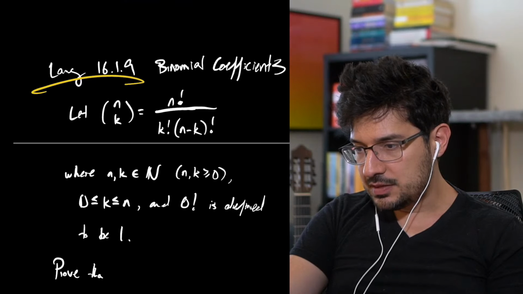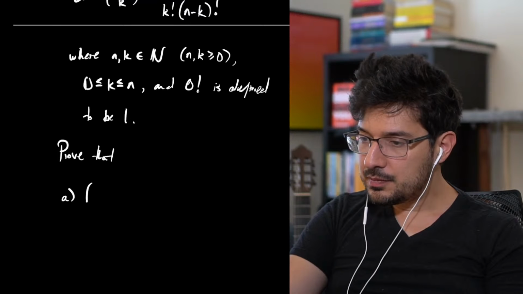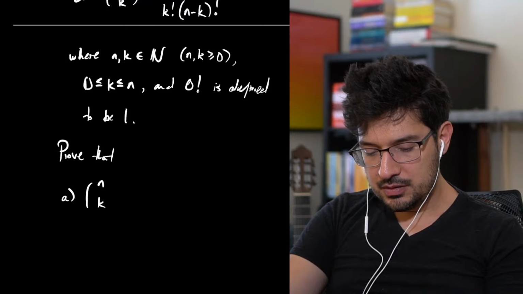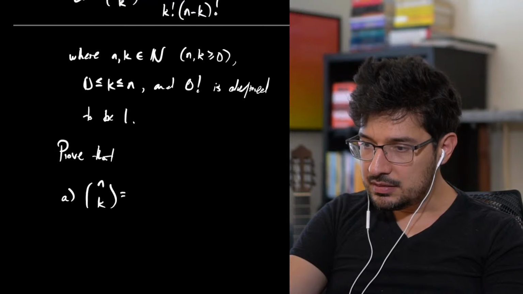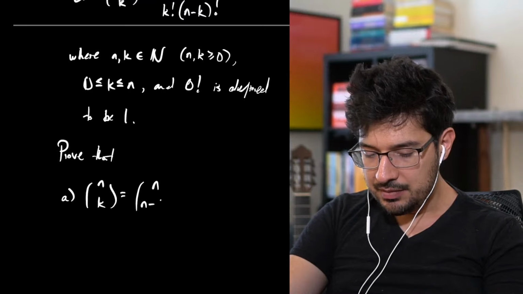Prove that, part A, n choose k is equal to n choose n minus k.